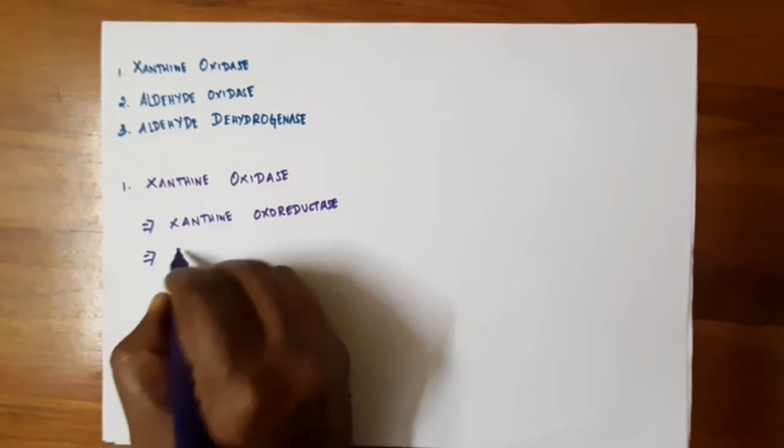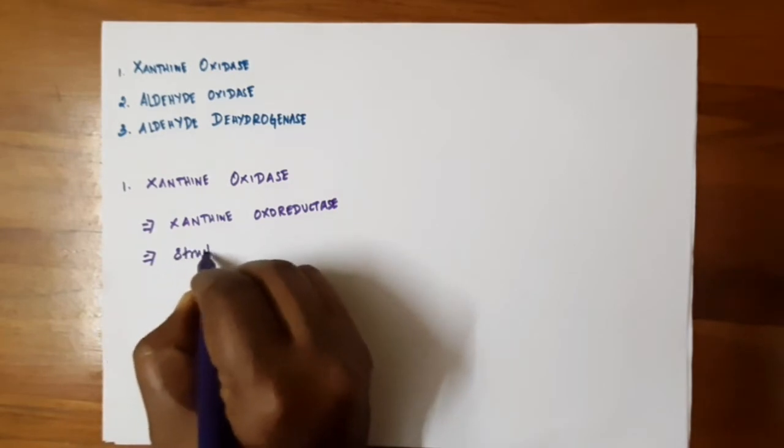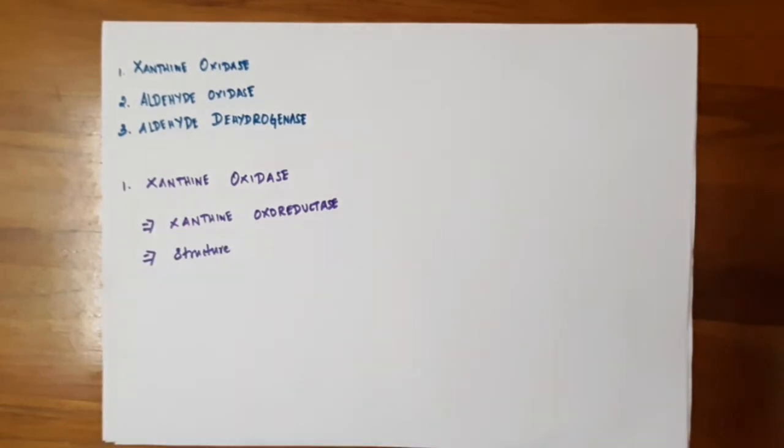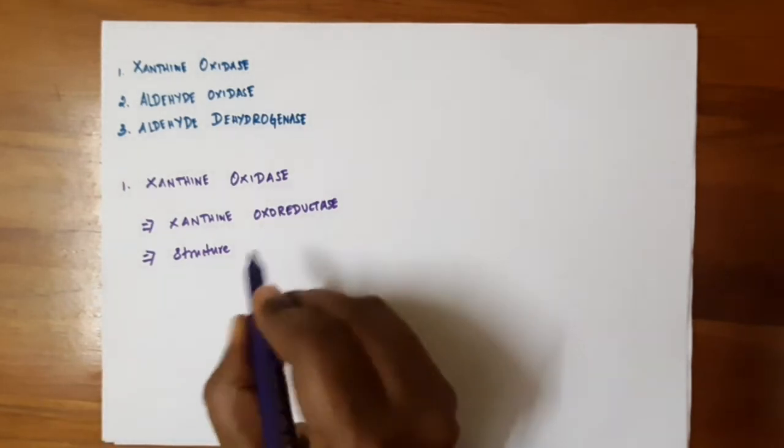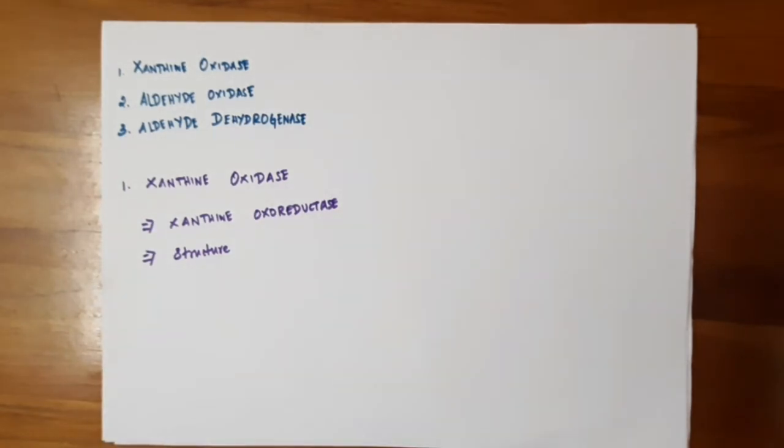In the structure of xanthine oxidase, it contains two Fe2S2 subunits, the active site molybdenum, and one FAD unit.